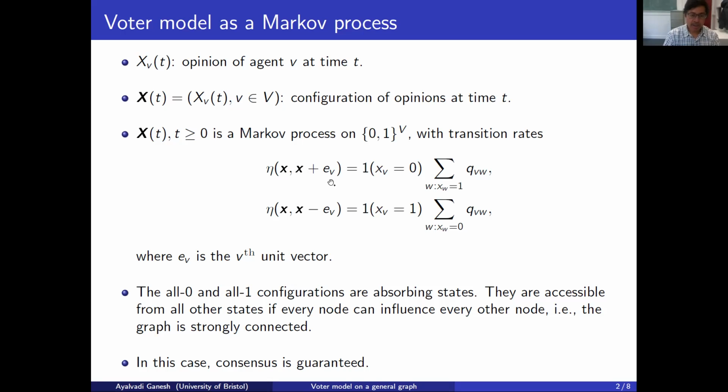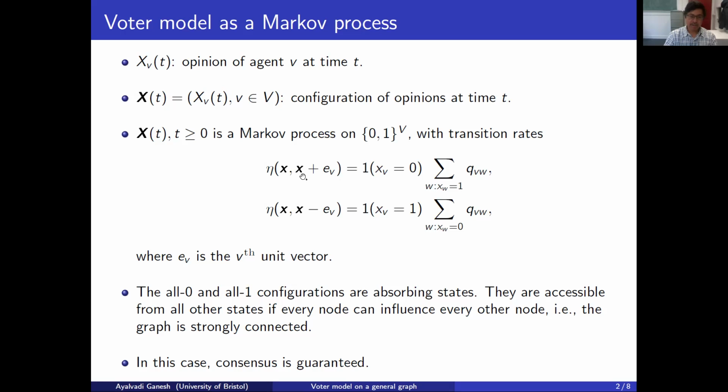Okay, so the only way that any vertex changes its opinion is by contacting another vertex. And here we want the vertex v to change its opinion. That means v has to contact some other vertex w. And what has to happen to vertex v?